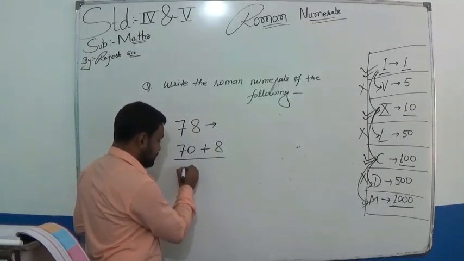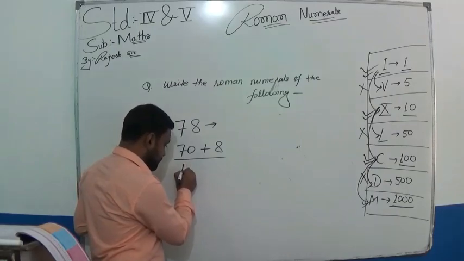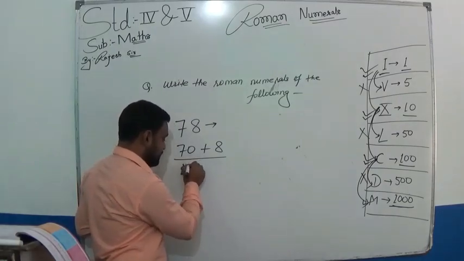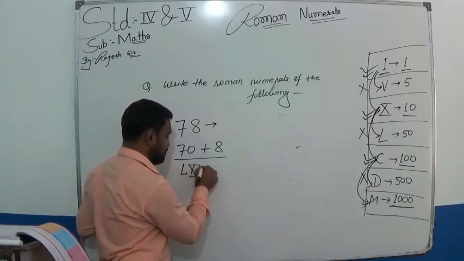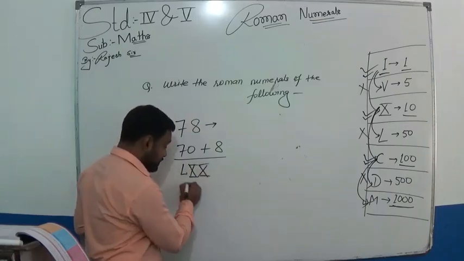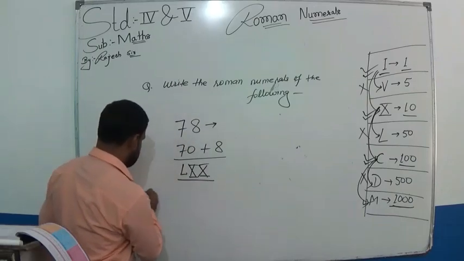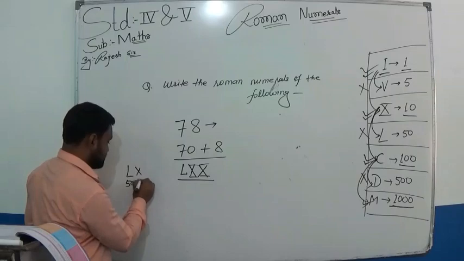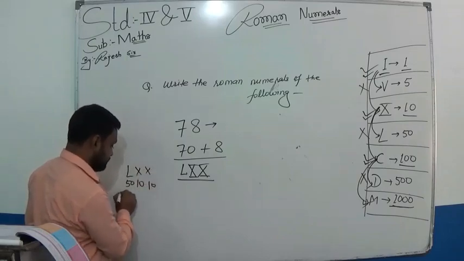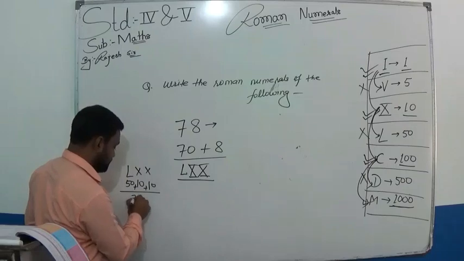It will be L plus 10 plus 10, because L is 50, X is 10, X is 10, so that's 70.